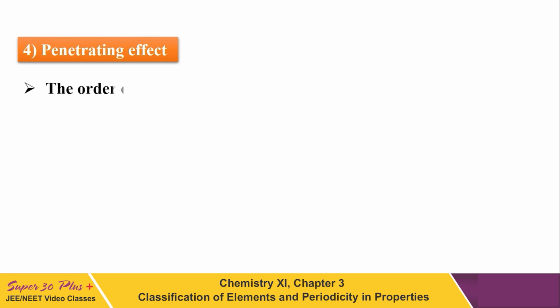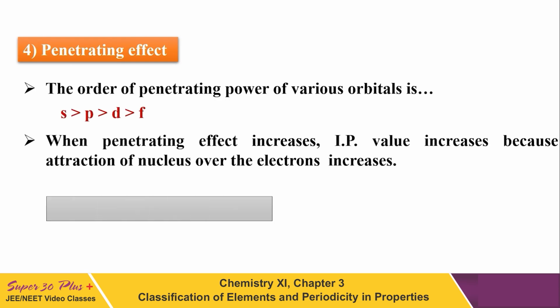The fourth factor which affects the IP is penetration power. See, the different shells and subshells are not at the same distance from the nucleus. They are at different distances from the nucleus. The s subshell is closest to the nucleus. So definitely it is more difficult to remove an electron from the s subshell.